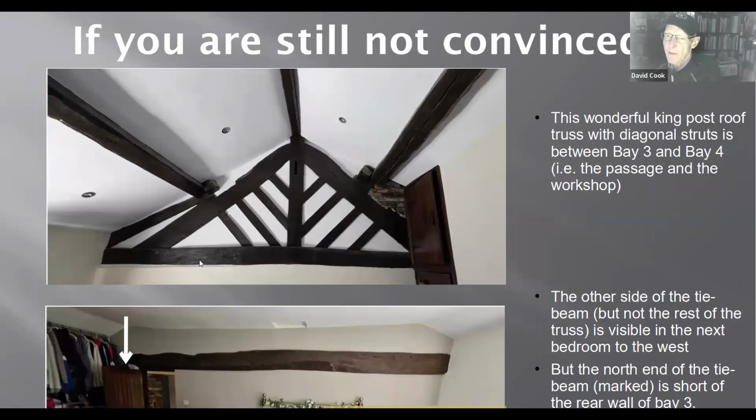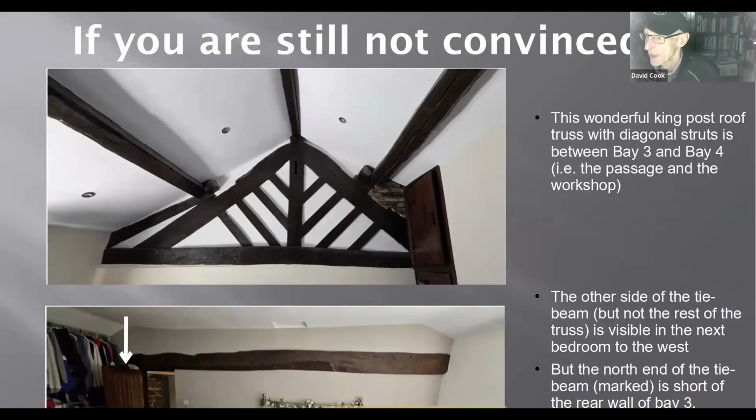Well, I was thinking maybe some of you aren't convinced. If you're still not convinced, I thought I'd better throw in my best bit of evidence: this wonderful king post roof truss, with diagonal struts.